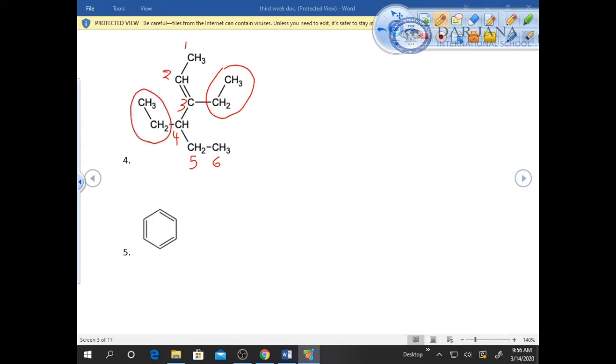So the name of this compound is 3,4-diethyl-2-hexene. I mentioned the position of the double bond. It's between 2 and 3, so you mention number 2.